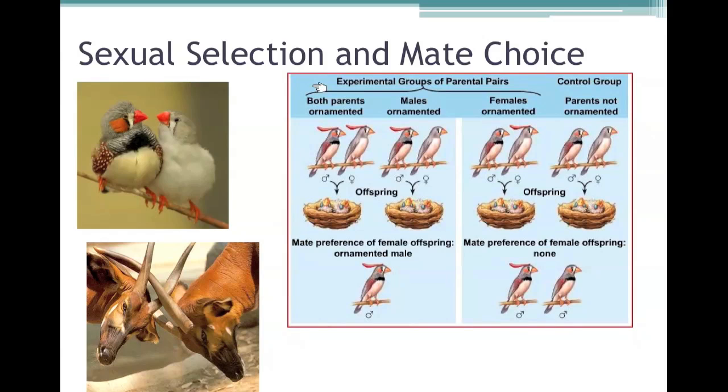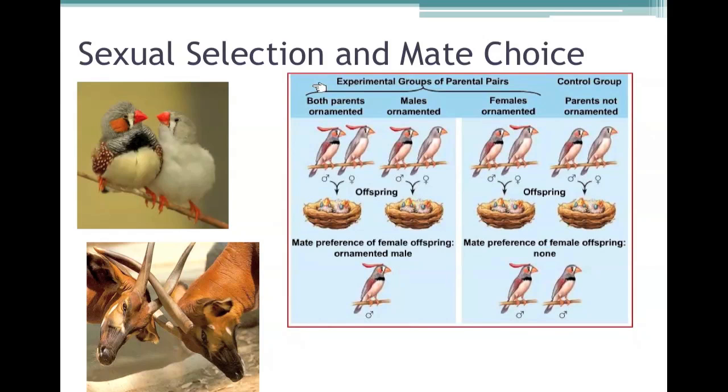What they found out was that, in fact, when the red feather was placed on the female parent or on neither parent, the mate preference stayed the same for the female offspring. But when both parents were outfitted with a red feather, or just the male was outfitted with a red feather, when the females reached sexual maturity, they displayed a mating preference for zebra finches that had a red feather attached to them.